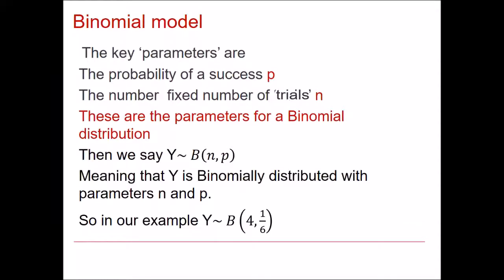We can write this in shorthand by saying that Y is binomially distributed with parameters n and p, saying that in this form. So in our example, Y, the number of 5s we get rolling a dice 4 times, is distributed binomially with n is 4 and p is 1/6.